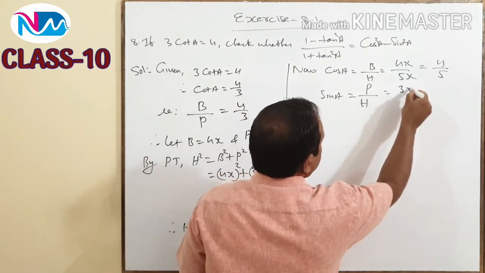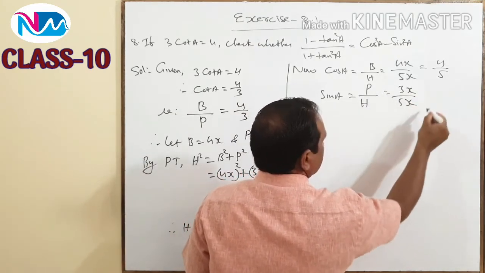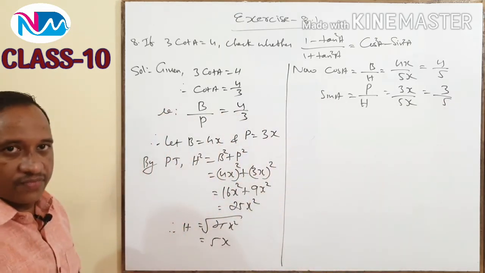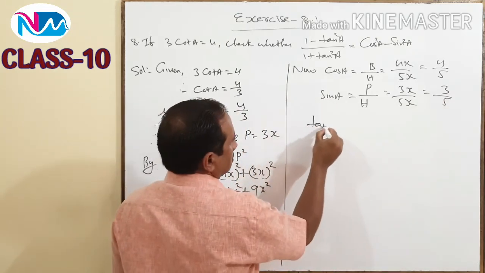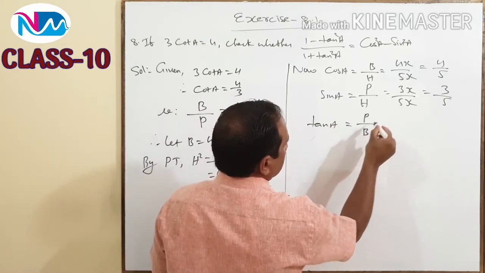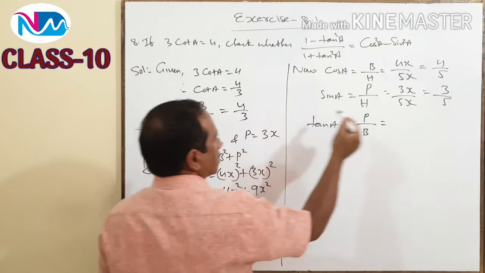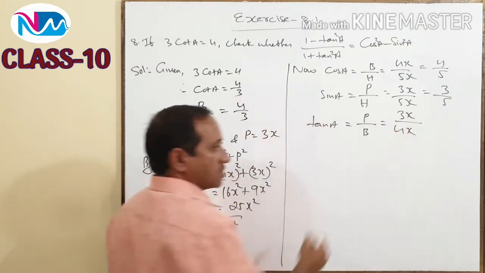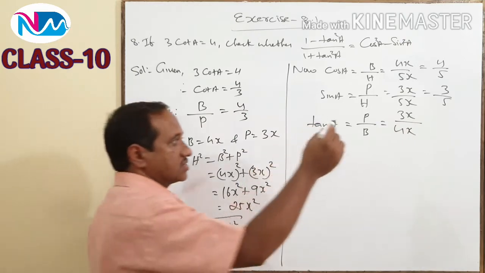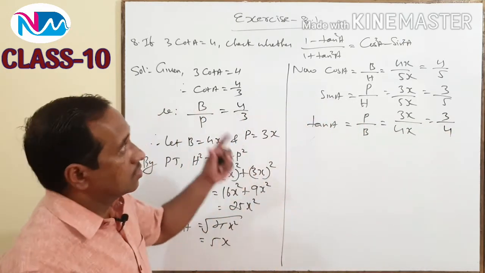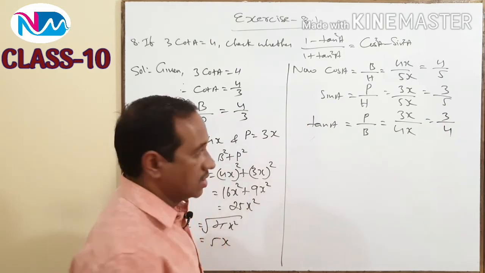Here perpendicular is 3x by hypotenuse 5x, so it is equal to 3 by 5. And tan A is defined as perpendicular by base. Here perpendicular is 3x by base 4x. 3x by 4x is equal to 3 by 4. So we have all the required ratios.